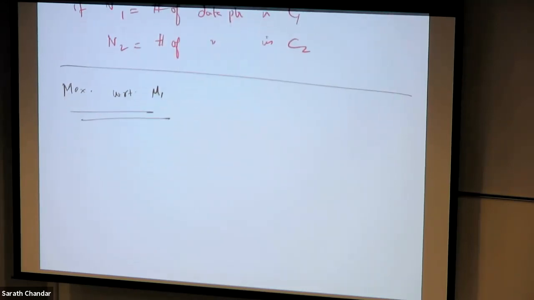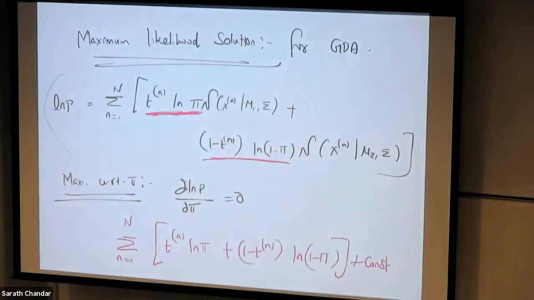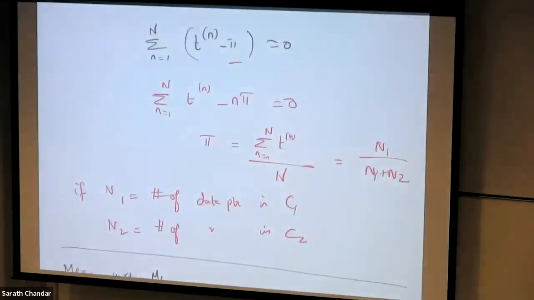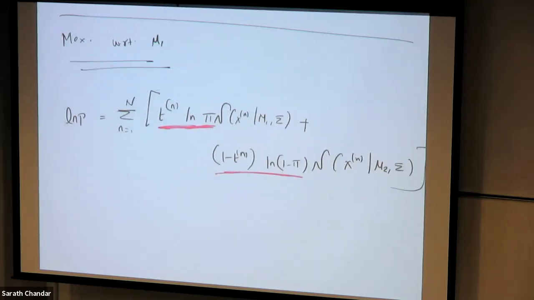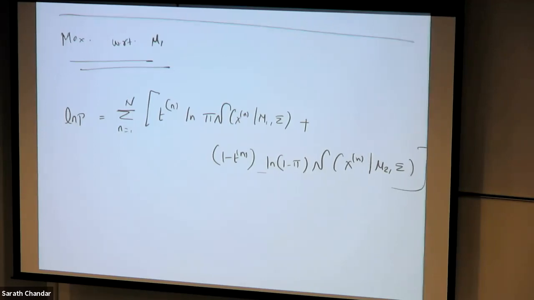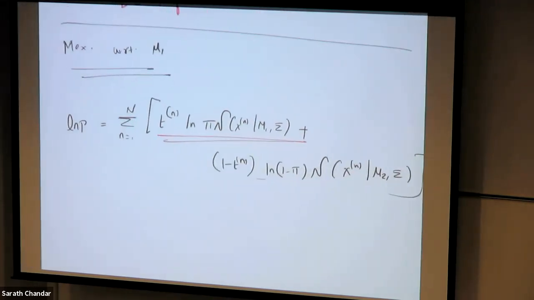Maybe it's worth copying this equation again, because now we are going to consider only the parts of this equation which correspond to mu1. I'll put this equation here. Now first we can observe that mu1 is there only in this region. You don't have any mu1 in the second one, so the second one is a constant.